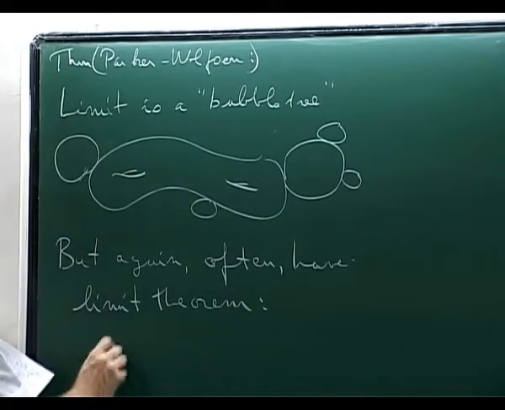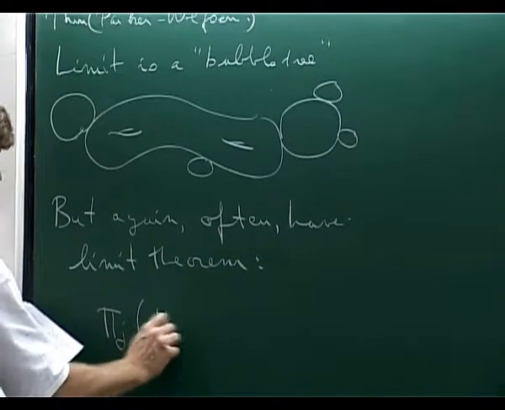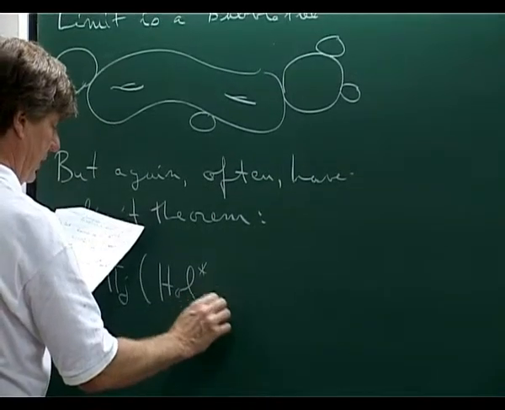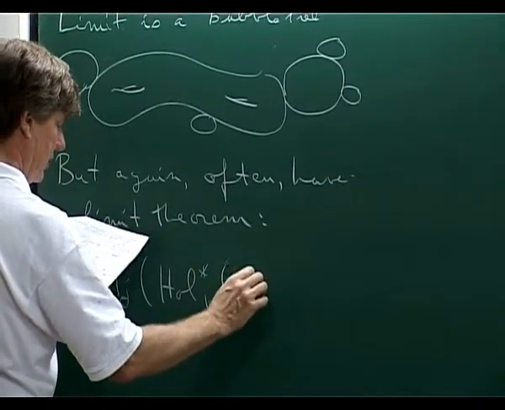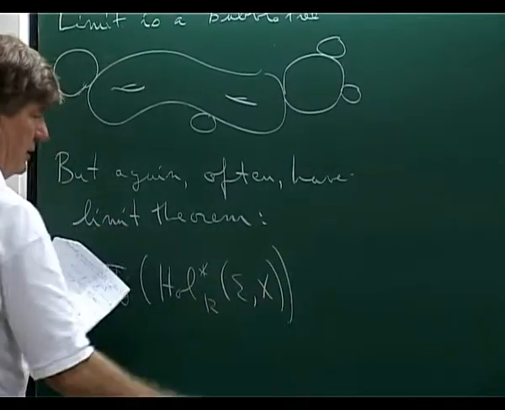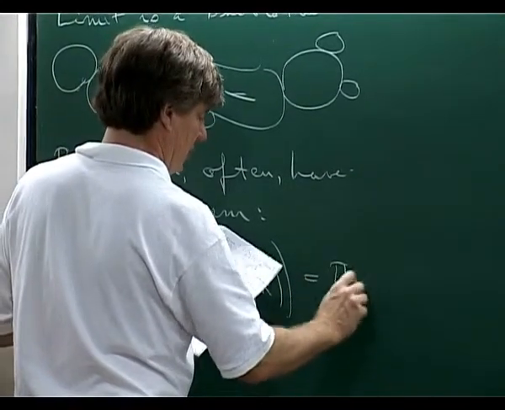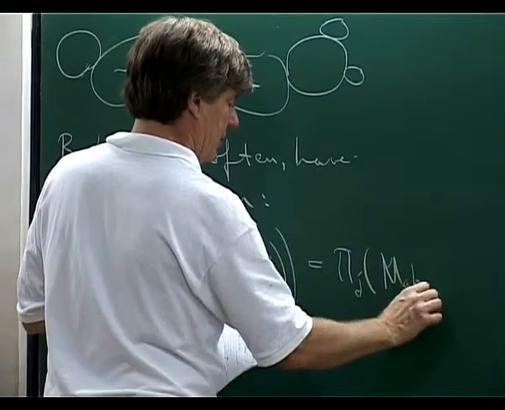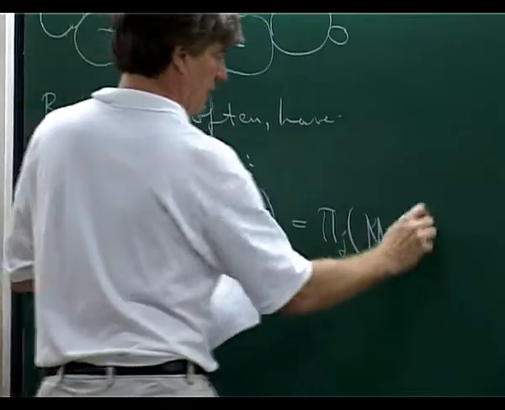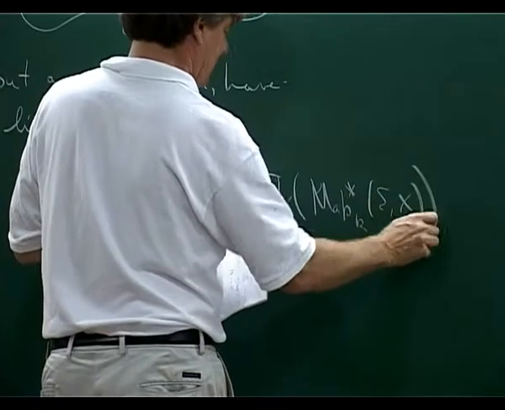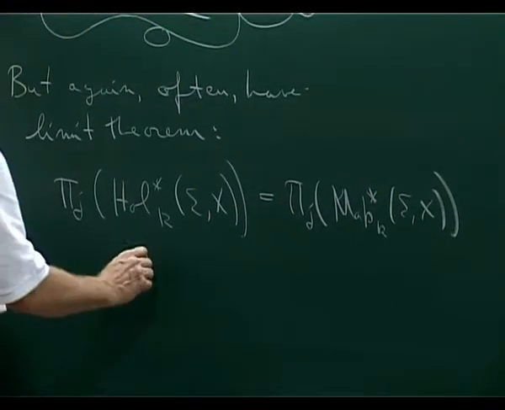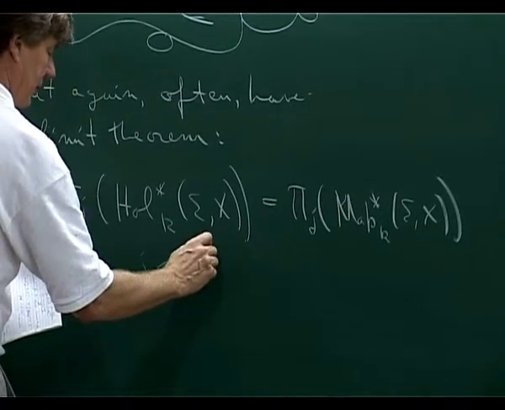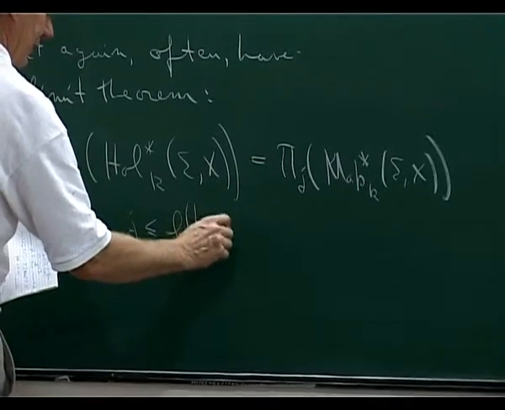That tells you that pi j of the based holomorphic maps of degree k of sigma in X is equal to pi j of map k star sigma in X, for j less or equal to some linear function of k.